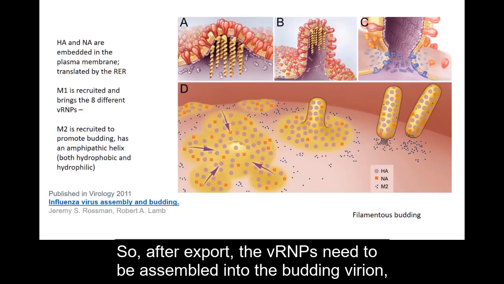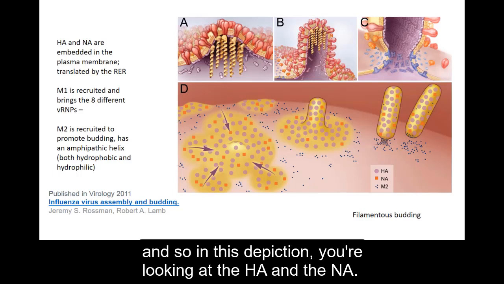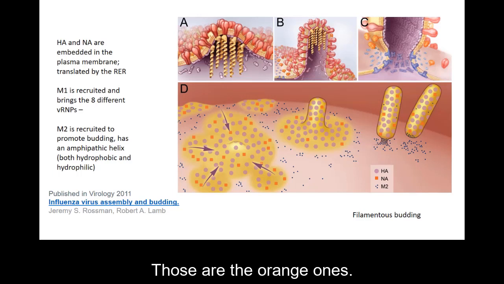So after export, the vRNPs need to be assembled into the budding virion, and so in this depiction, you're looking at the HA and the NA, those are the orange ones, surface proteins.